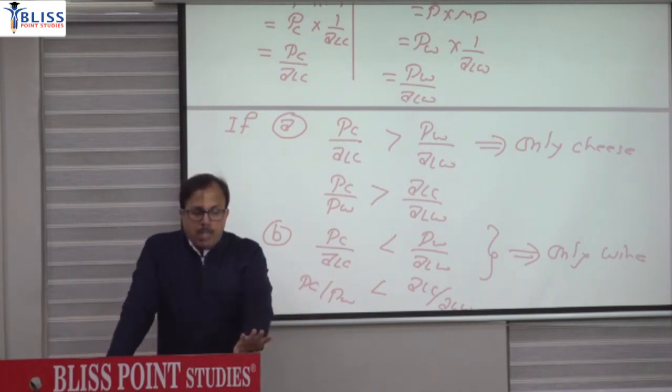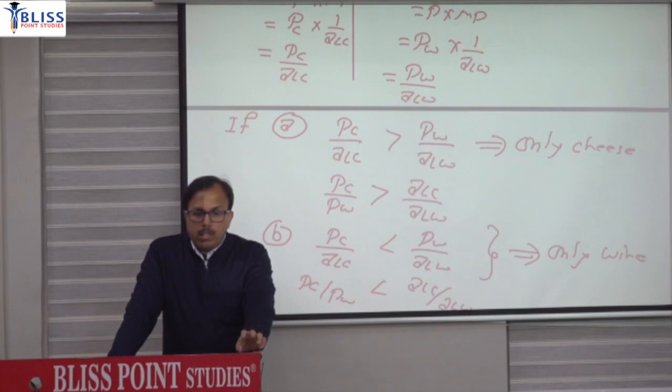Remember, a country can specialize in only cheese or only wine if it is trading. If one country is trading with the other country, then the home country can produce only cheese, export the surplus cheese and in exchange get the wine. But if the country is not trading with another country, that condition is called autarky, country in isolation.